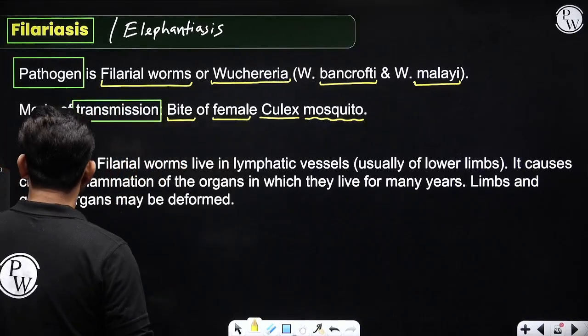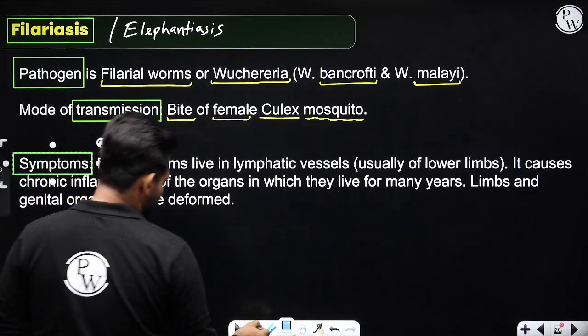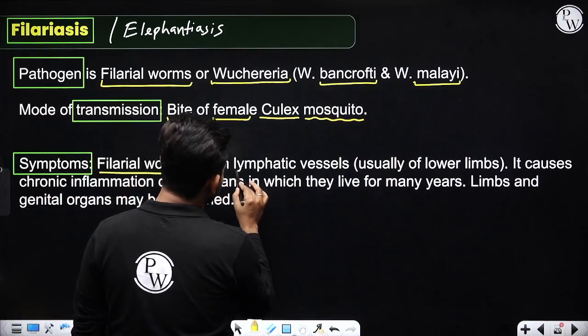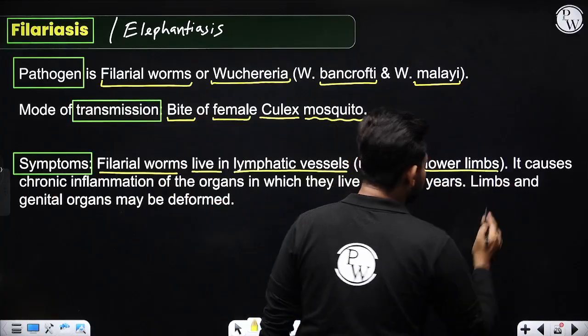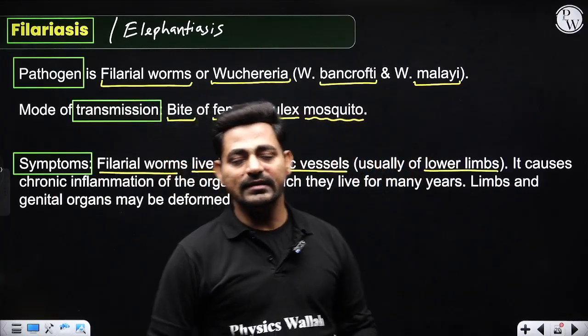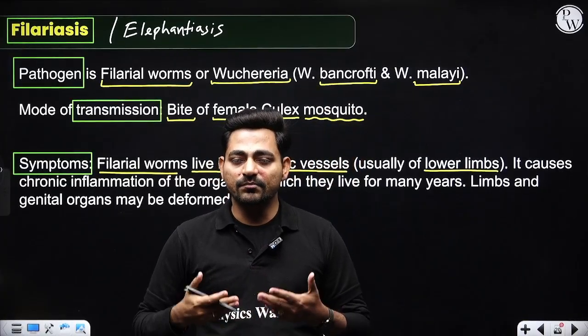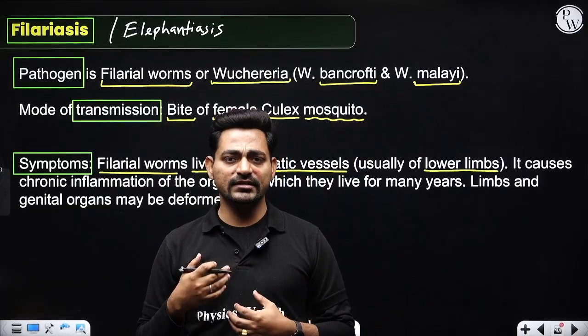Okay. Now if Wuchereria got passage inside your body, what will they do? These filarial worms live in the lymphatic vessels, usually of the lower limbs, because in the daytime there is movement in the upper portion of our body, in our hands, and there is breathing movement in the thoracic region.